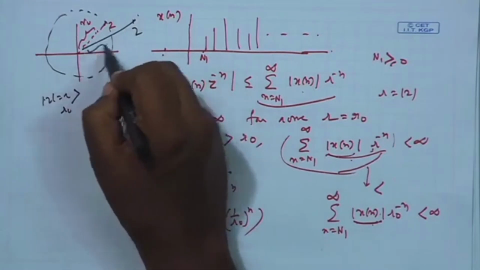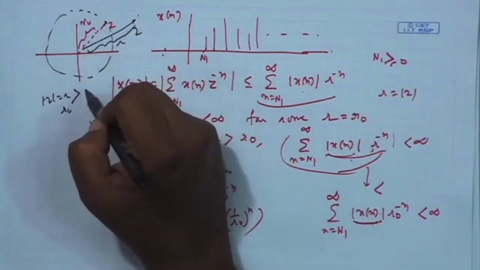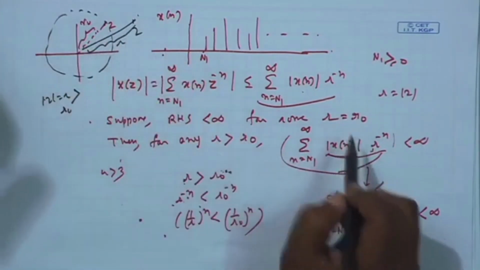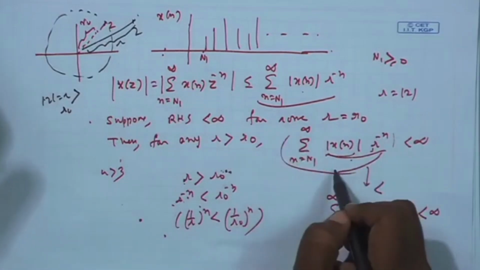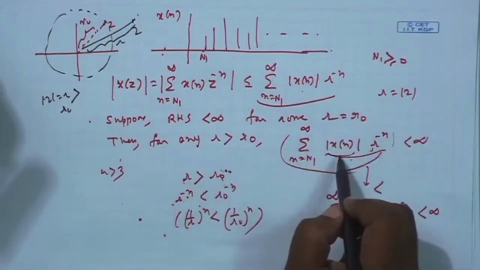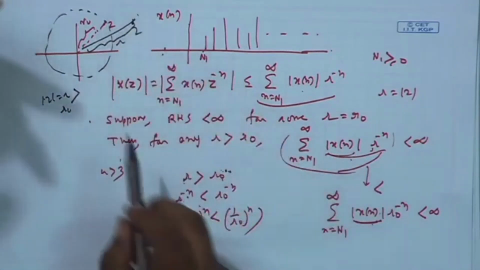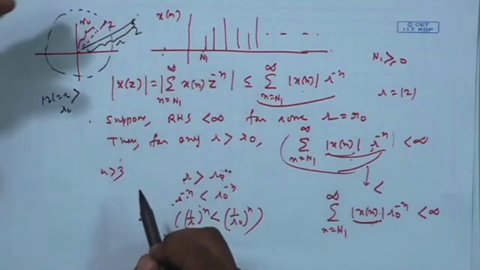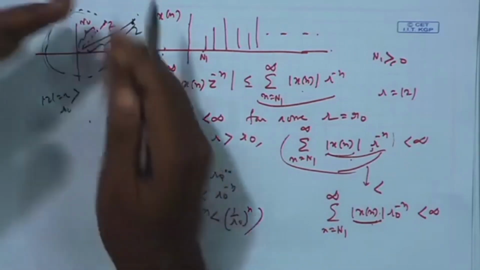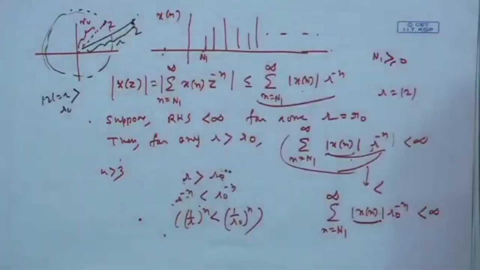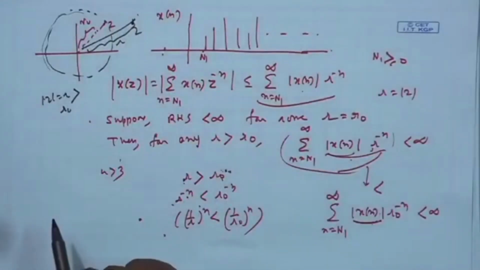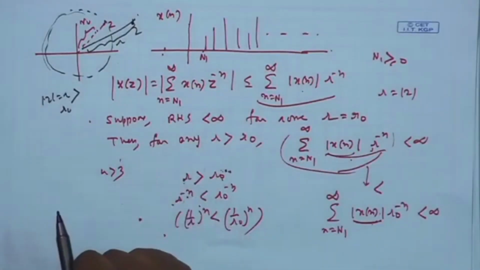So, this magnitude r is greater than r naught. So, for that r, this summation is finite. Therefore, if z is here, then for that z the transform will exist, which means the entire z plane outside this circle up to infinity will be a region of convergence.